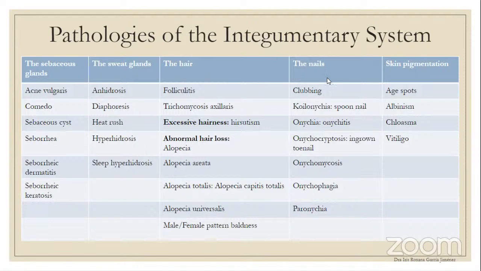About the nails, we got clubbing, koilonychia, I mean spoon nail, onychia, onychitis, onychocryptosis, ingrown toenail, onychomycosis, onychophagia, paronychia. About the skin pigmentation, age spots, albinism, chloasma, vitiligo.